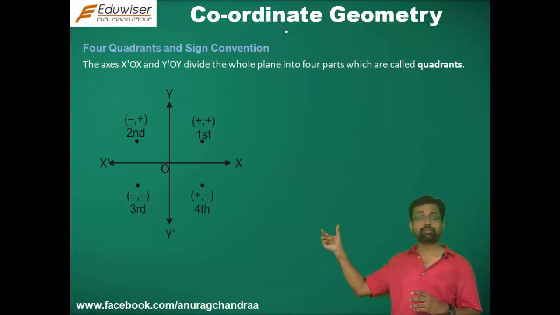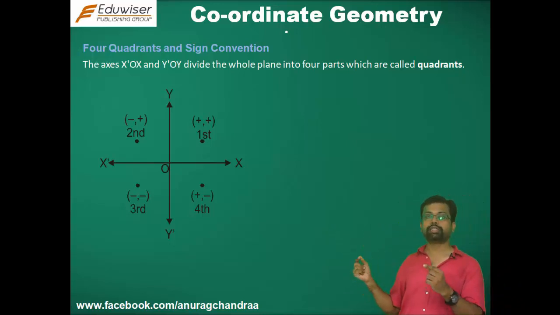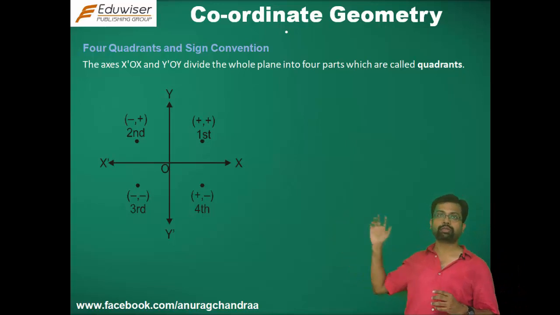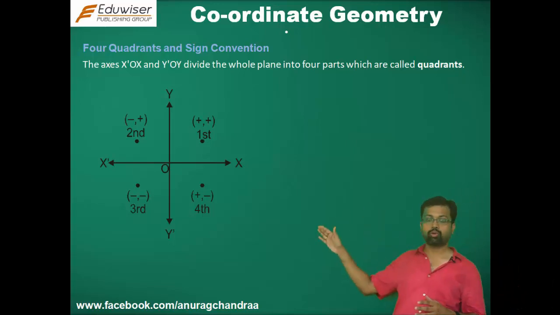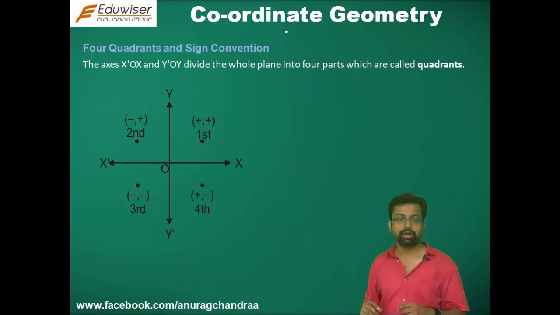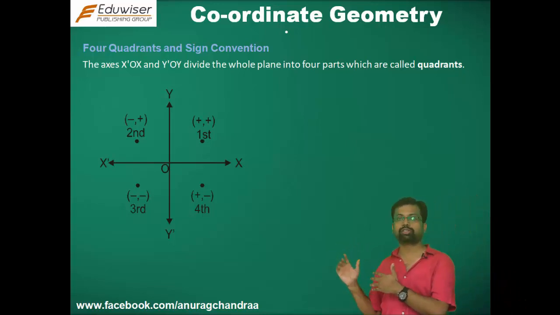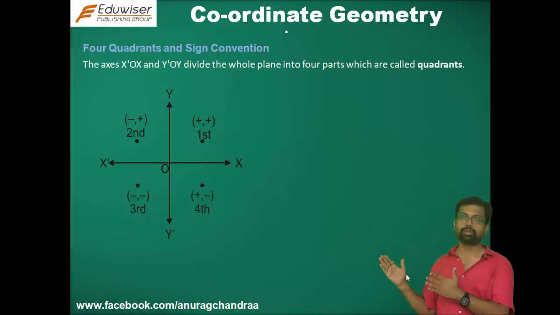So you take the length of that perpendicular. If the point is in the first quadrant, you take the length of the perpendicular and prefix a plus sign. If it is in the second quadrant, you take the length of the perpendicular, and for the x coordinate you prefix a minus sign, and for the y coordinate you don't have to change the sign because it's already going to be positive.